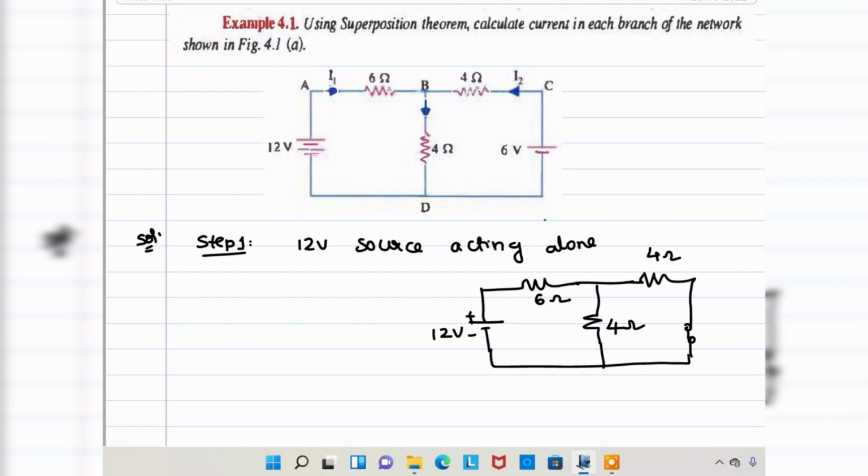So you want to calculate the currents. In case 1, this is I1 prime, and note down this current as I2 prime and I3 prime. I want all these currents. Look at here.